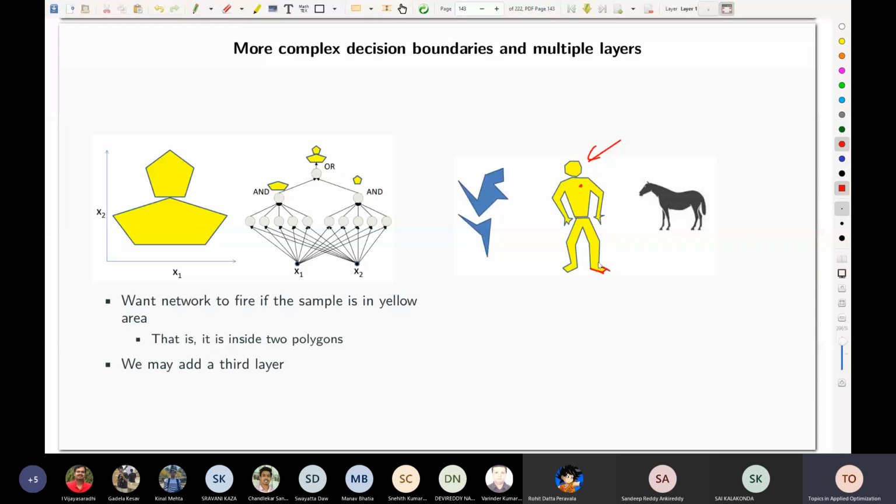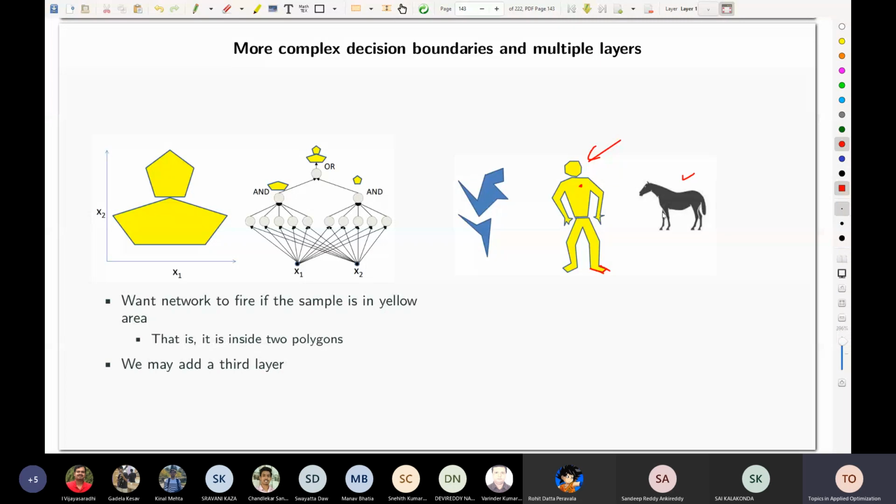So I will have so many lines, and for so many lines I will need so many perceptrons, and then I can identify. Similarly, I can try to approximate a horse and so on. So the basic idea can be extended to learn many things. The only problem is that for more complicated objects like this, you need a lot finer approximation by lines, and hence you will end up using a lot more perceptrons.